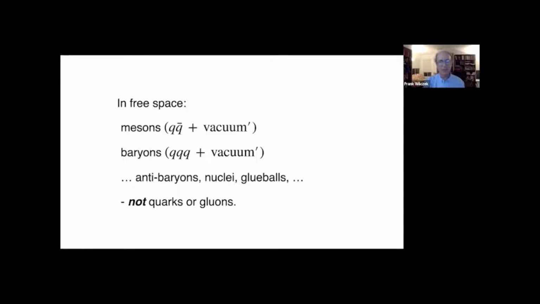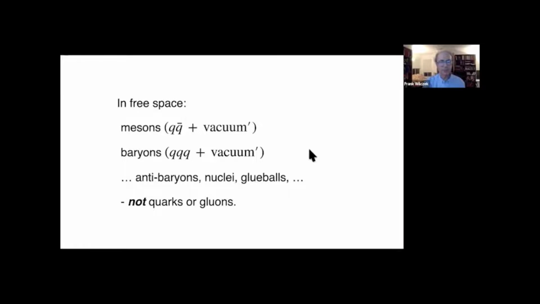This is a very peculiar thing. It's like the Cheshire Cat, where the quarks and gluons have a kind of insubstantial existence. When you try to pin them down, they don't exist. They're always inside other things.